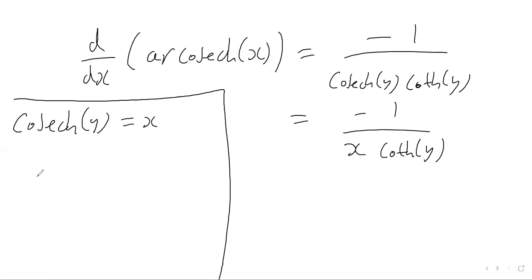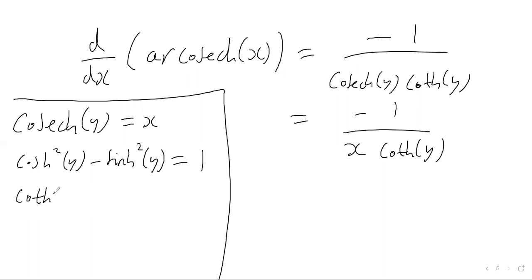And we know from hyperbolic identities the identity cosh squared y subtract sinh y squared equals 1. So we know that identity. Dividing everything by hyperbolic sine squared, you would get coth squared of y subtract 1 equals cosech squared of y.